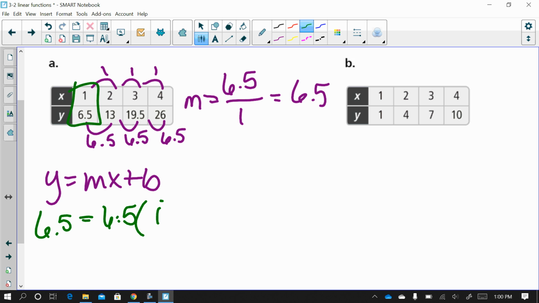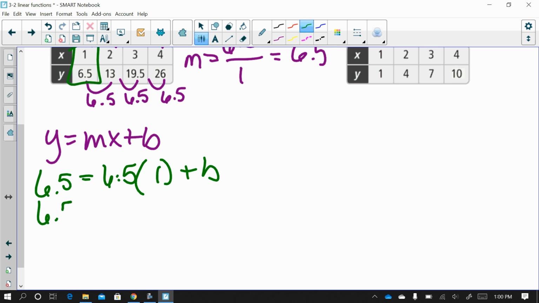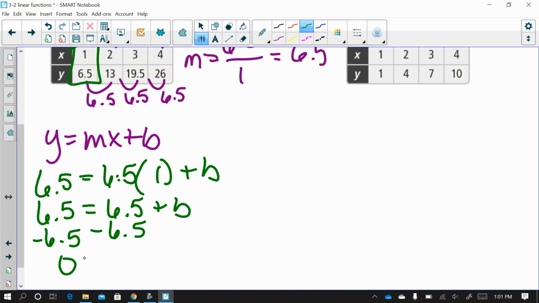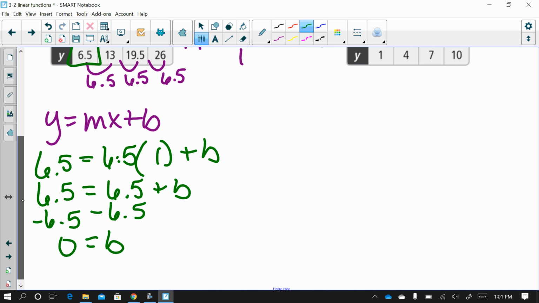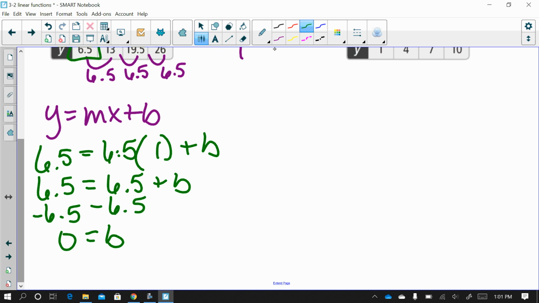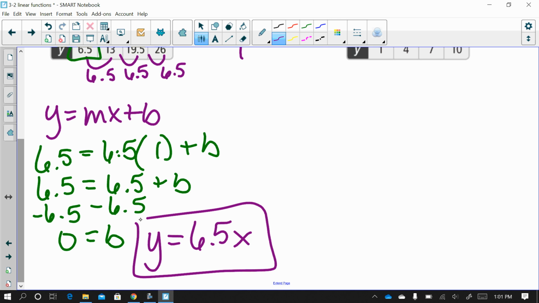X is 1. And we don't know b. Okay, so 6.5 equals 6.5 times 1, which is 6.5. Subtract to get b by itself. 0 equals b. So my equation here is just y equals 6.5x. You could write plus 0 if you wanted to, but you don't have to. And there's your answer.